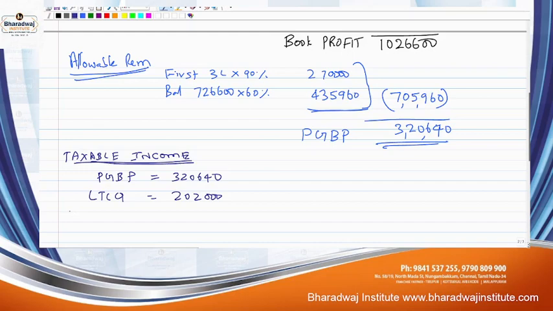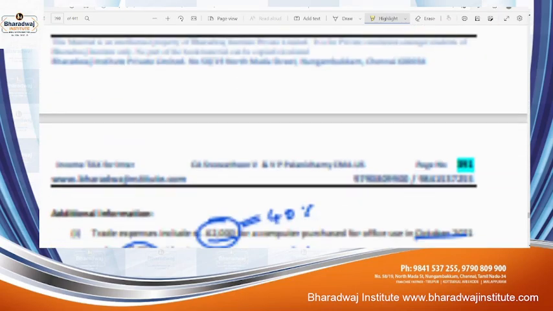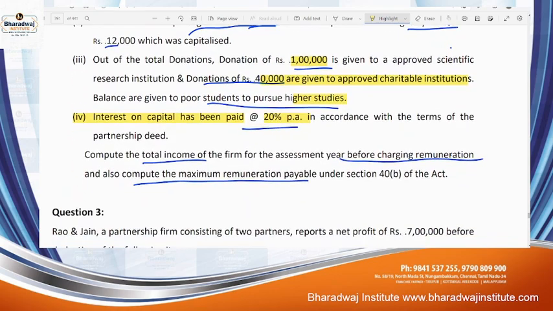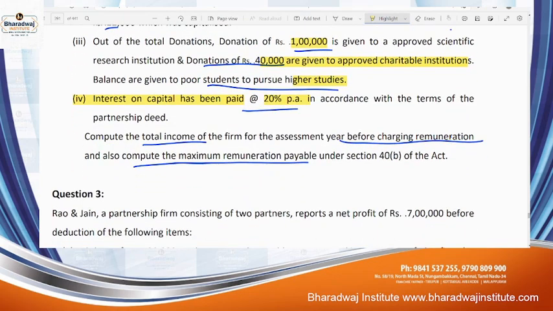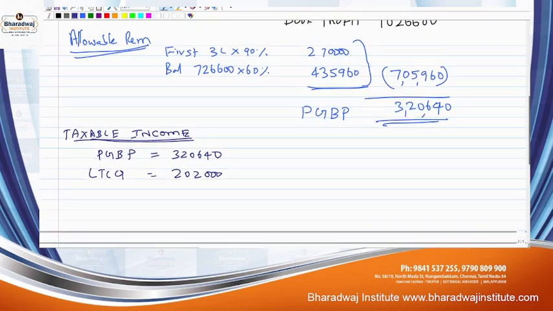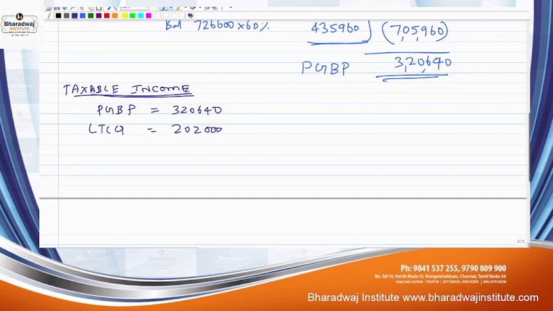Then look at the question, do they ask you taxable income or which income do they ask for? Total income of the firm. Okay. LTCG how much? 2,02,000. Then income from other sources, what comes?